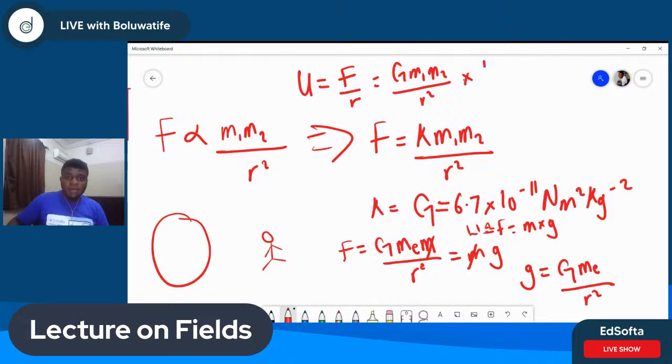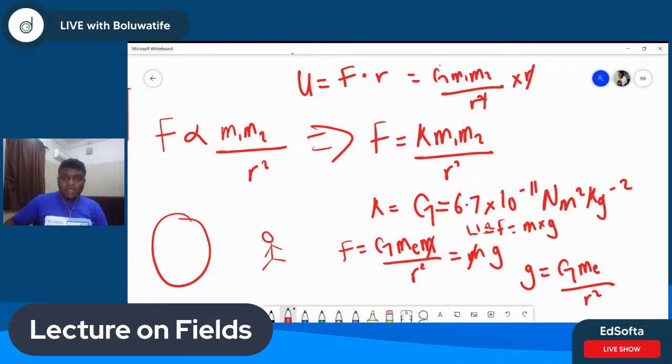Sorry, it should be force times distance. So I have G m1 m2 over r squared multiplied by r, which cancels the square, so I'm left with G m1 m2 all over r.